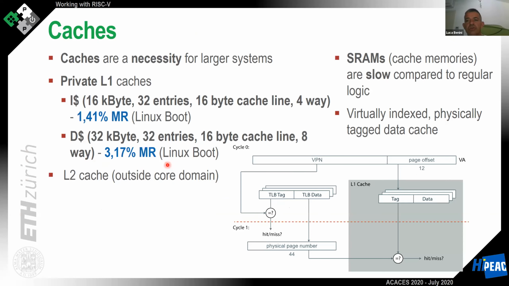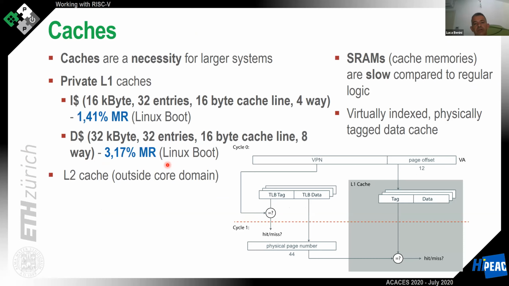Caches are also the other big crucial point to get right in a high performance processor. So in the Ariane processor, the caches, the level 1 caches, are tightly integrated with the processor itself, and this is essential for high performance because these are the low latency caches that have to feed directly the pipeline.